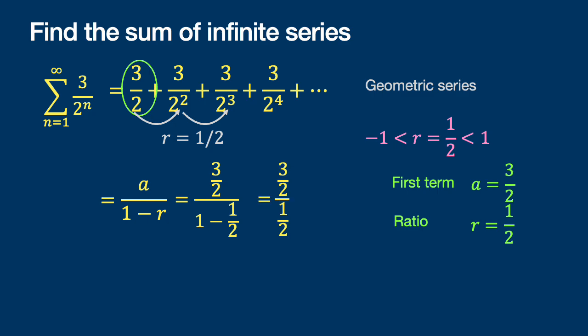Then this is 3 over 2 over 1 over 2. Simplify: 3 over 2 times 2 over 1. The answer is 3. The sum of this geometric series is 3 because the ratio is between negative 1 and positive 1.